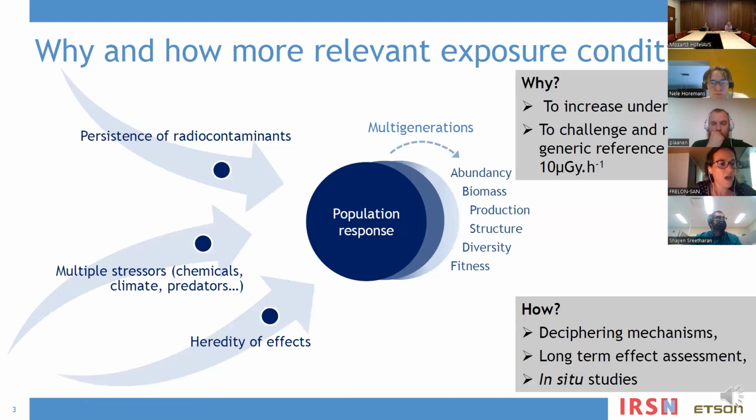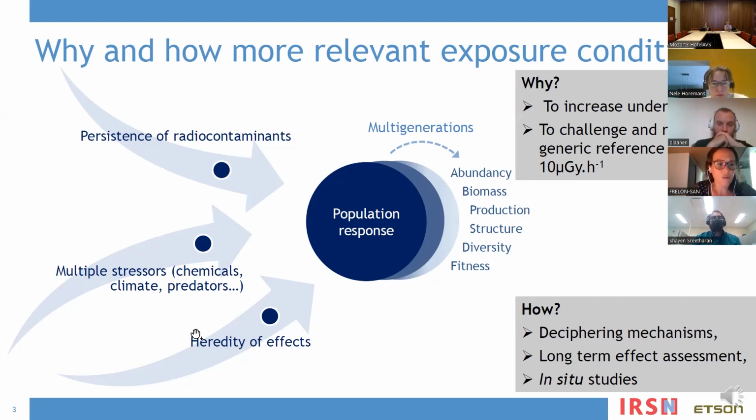So why and how more relevant exposure conditions? Because of the persistence of radiocontaminants in the environment, coupled with a short lifespan of environmental species, because of multiple stressors in the environment, and because of heredity of effects.